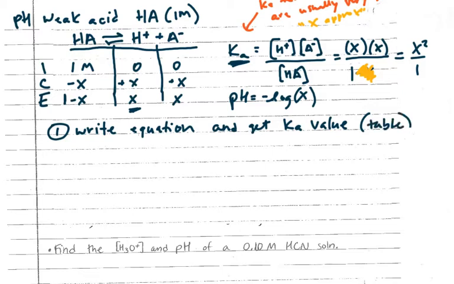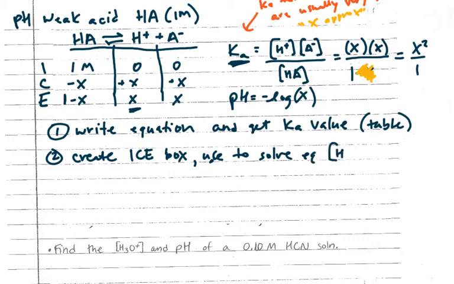The second thing you do is create your icebox and use it to solve for the equilibrium concentration of hydrogen ions. The last thing is you take the negative log of that hydrogen concentration that you find to determine pH.